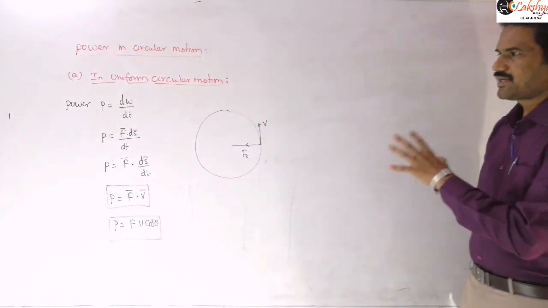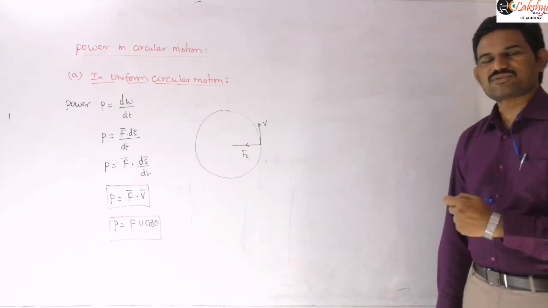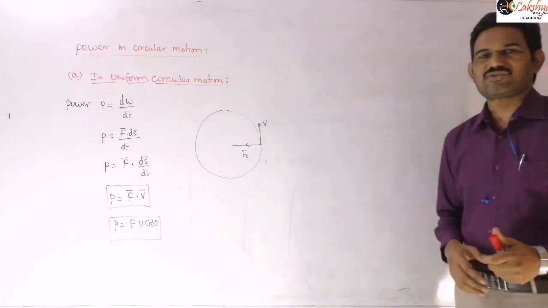Now let us apply this to uniform circular motion. In uniform circular motion, the only force acting on the particle is the centripetal force, right? And that centripetal force will be directed towards the center.